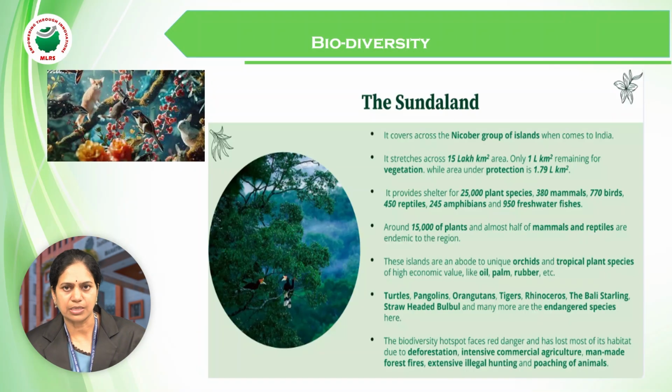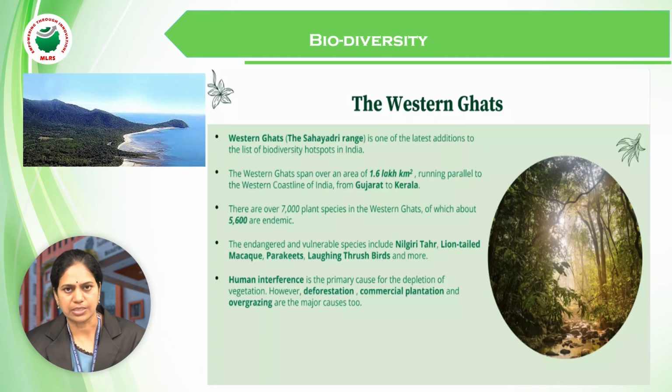Next, Sundaland. It covers the Nicobar group of islands which come in India. Because the diversity of life on those islands is rich, it is termed one of the hotspots in our country. Next, the Western Ghats, one of the latest additions to the list of biodiversity hotspots in India.